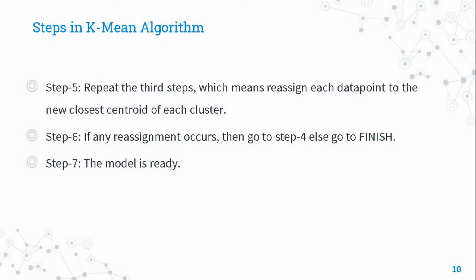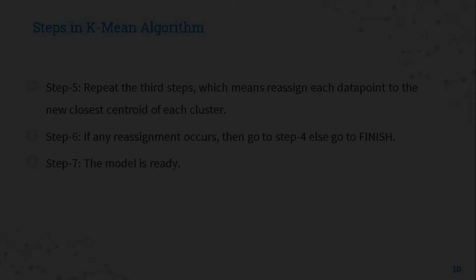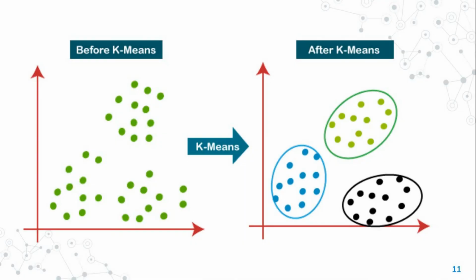Step 5 is to repeat the third step, which means we assign each data point to the new closest centroid of each cluster. If reassignment occurs, then go to Step 4, else go to finish. Step 7 is the model is ready. This is a sample illustration on a dataset that performed K-means, the before and after.